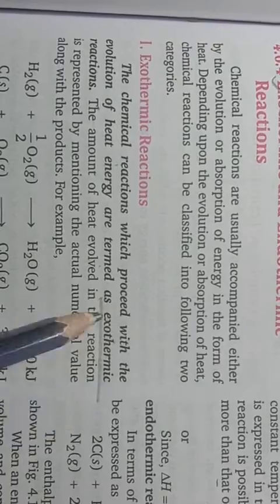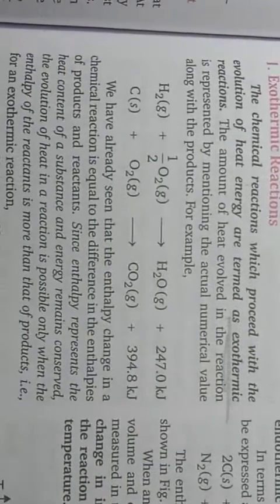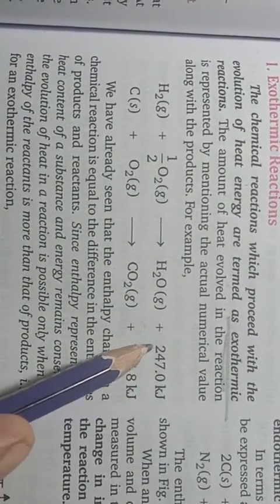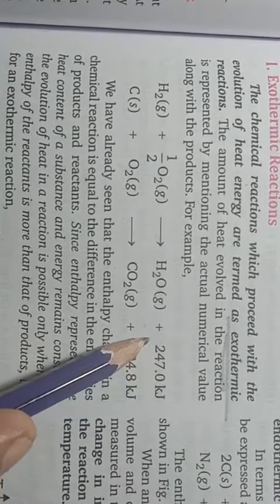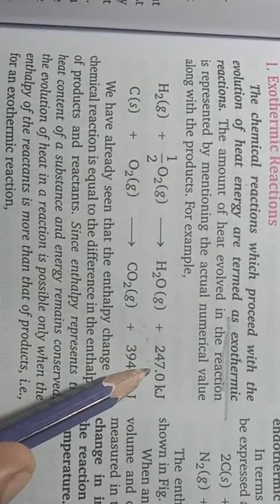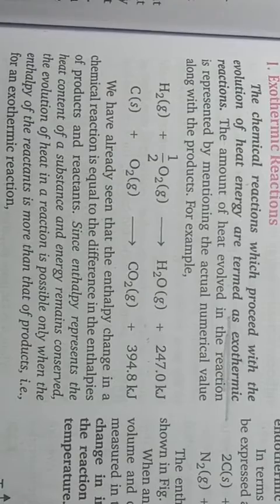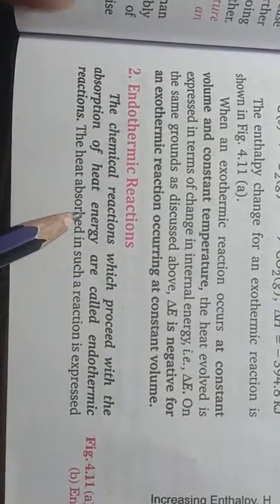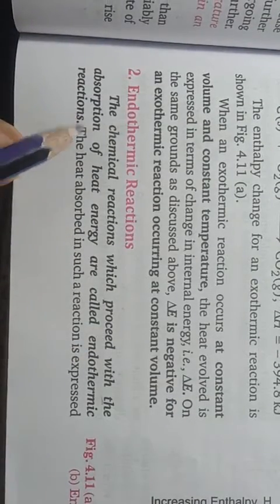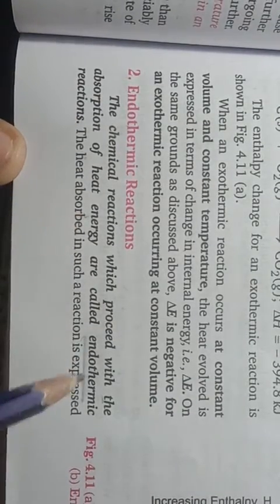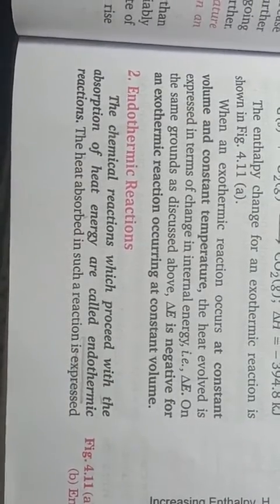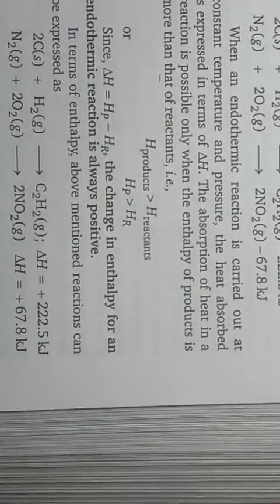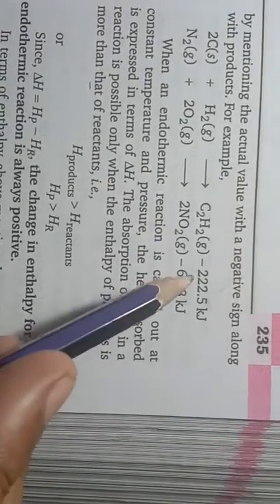These are the reactions which evolve energy in the form of heat. The next is endothermic reactions. Endothermic reactions are the reactions which proceed with the absorption of heat energy. And in these reactions, energy terms are written with a minus sign.